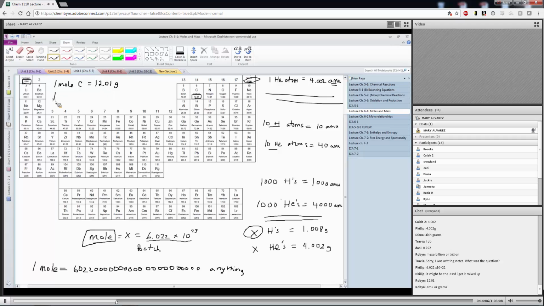What about 1 mole of sulfur atoms? How much would that weigh? Perfect, 32.07 grams. Do you guys feel pretty good about this? And we determined that 1 mole of hydrogen would weigh what?